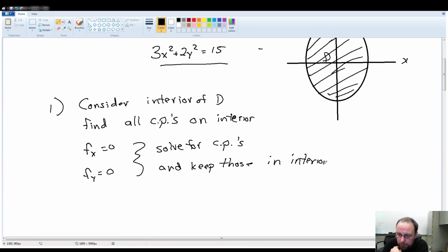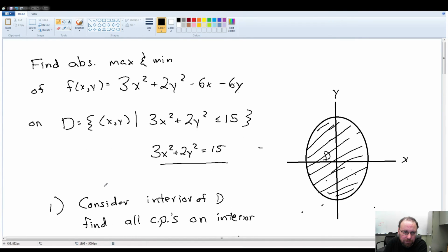We could have other critical points outside, but we just want to consider the critical points on the interior. So it's like an unconstrained optimization problem. Okay, so where's my function? There it is.